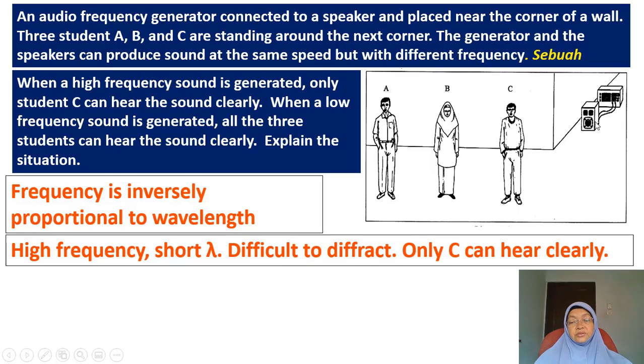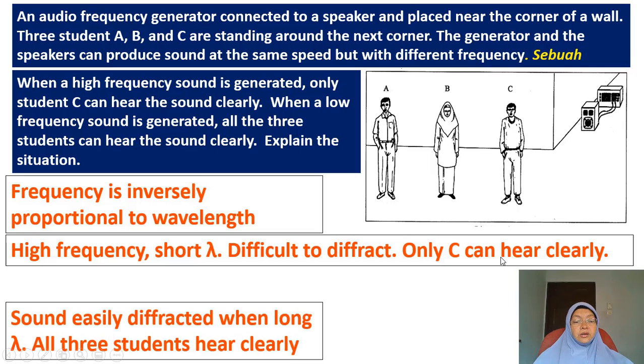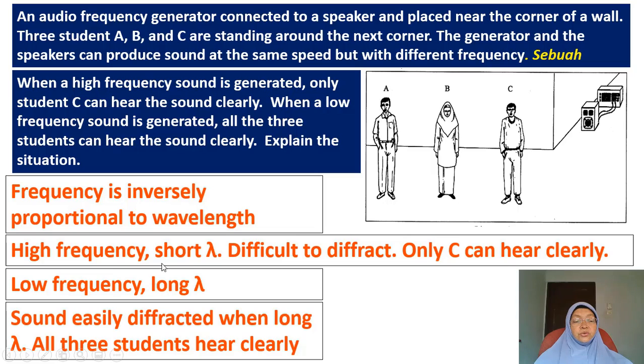Only C can hear the sound. But when we use a low frequency sound wave, it will produce long lambda. With long lambda, sound is easily diffracted, so all three students can hear. The sound can move around the corner, it is distributed until it comes to student A, so A and B can hear the sound.